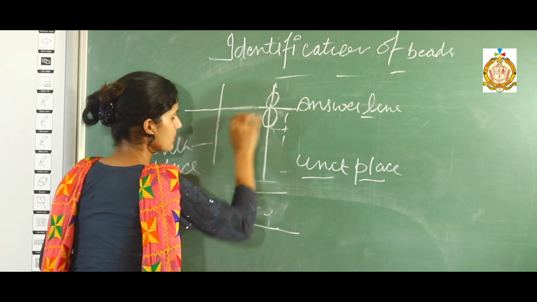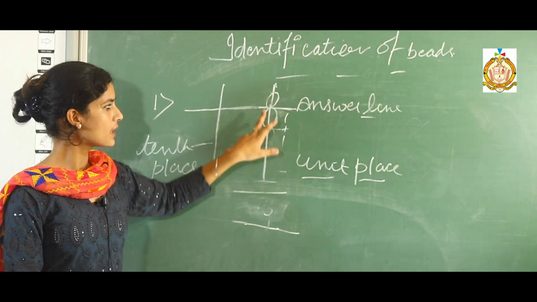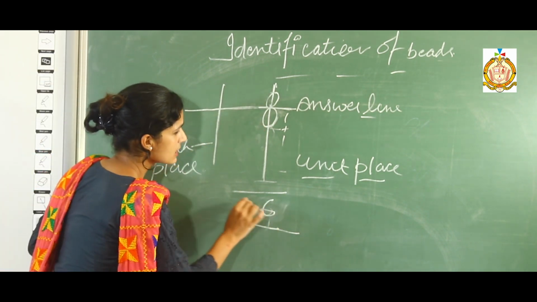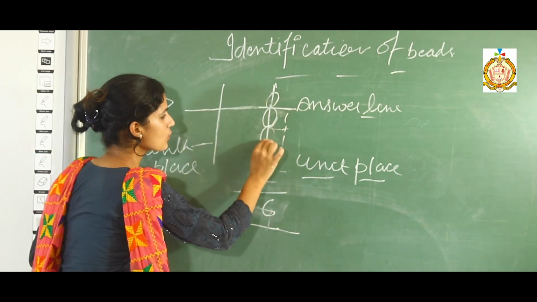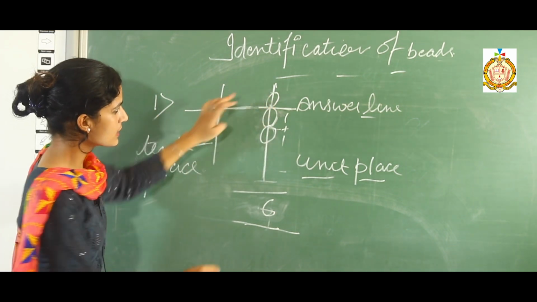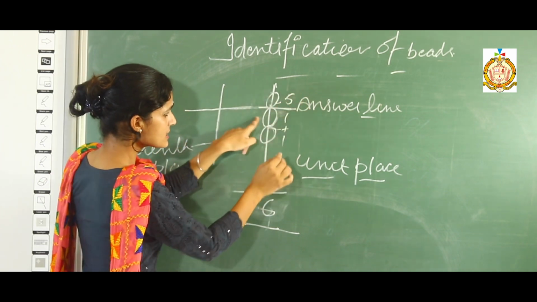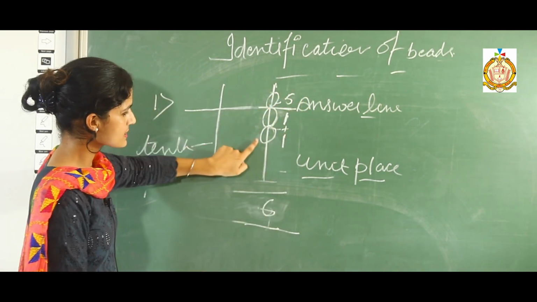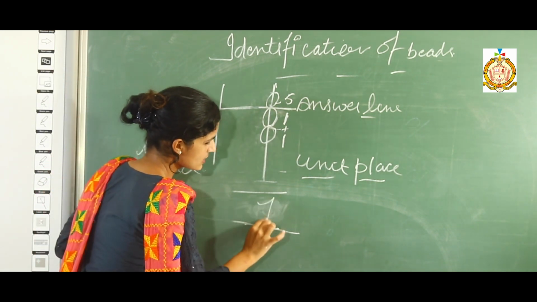If there is one lower bead with the upper bead, then 5 plus 1 is 6. If the upper bead and 2 lower beads are touching the answer line, so what is the value? This indicates 5. This indicates 1. This indicates 1. Add 5, 6, 7. So your answer is 7.